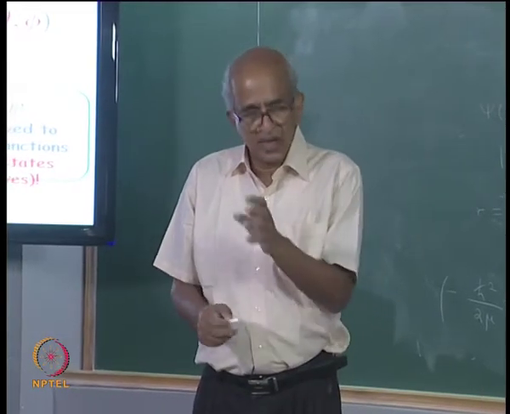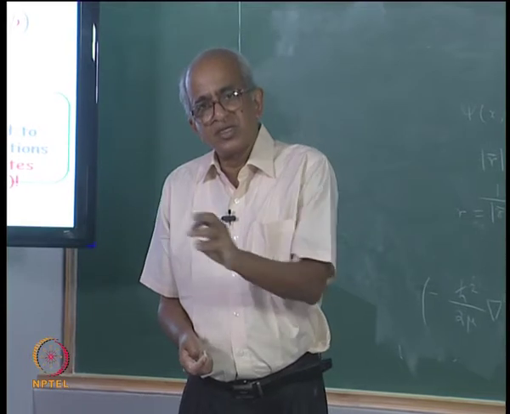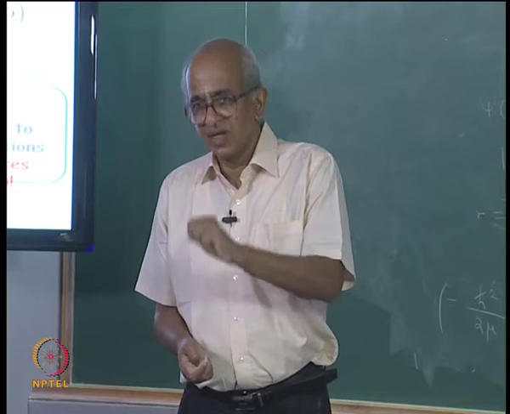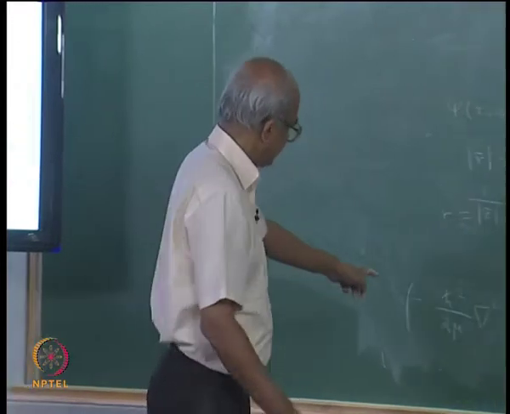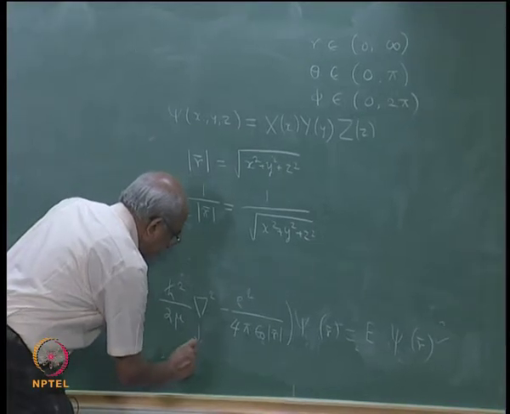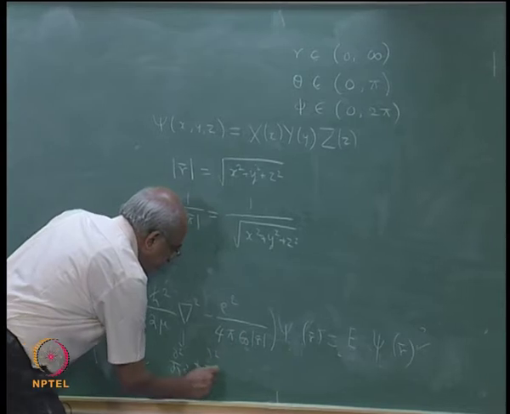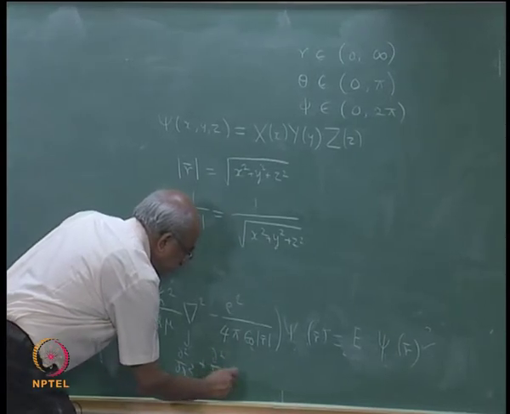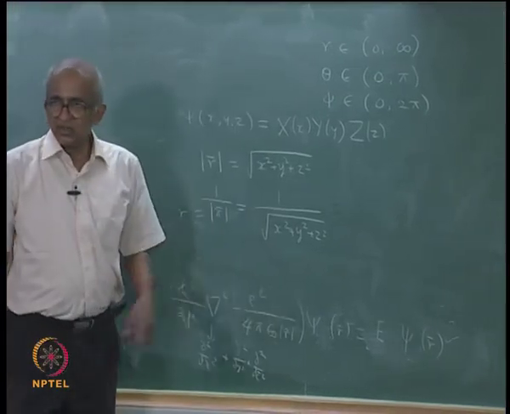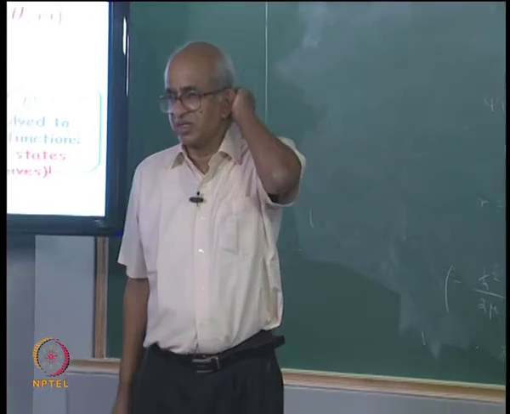In fact, there is kinetic energy due to motion in the x direction, kinetic energy due to motion in the y direction as well as in the z direction contained in there. And in Cartesian coordinates, it is actually quite straightforward. You will have dou square upon dou x square plus dou square upon dou y square plus dou square upon dou z square. This is what the del square operator is.